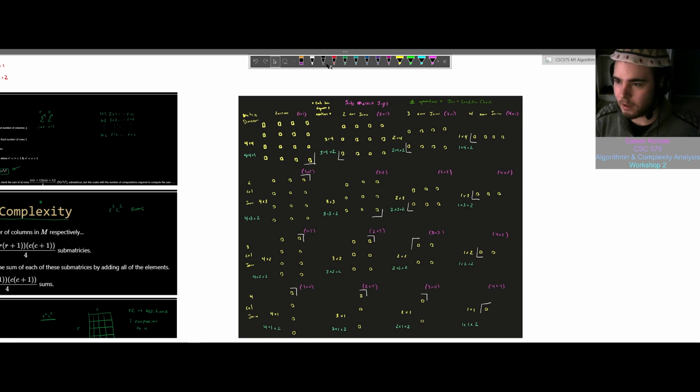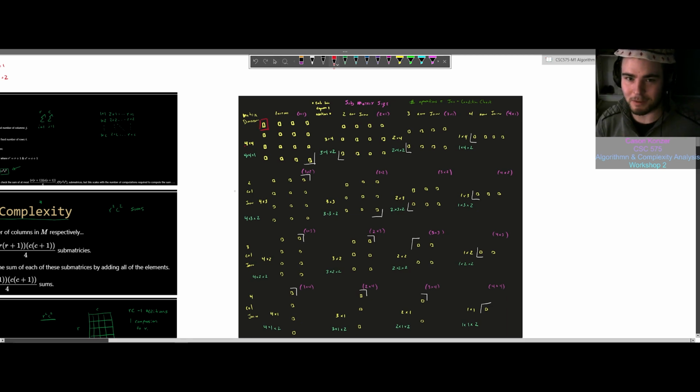So quickly, I wanted to also go over the best case. The best case in the grand scheme of things is you're given the matrix, you check the first value in the matrix, and it's equal to your input value. I will mention here that the first part of our algorithm, we compute R, which is the number of rows, and we compute C, which is the number of columns.